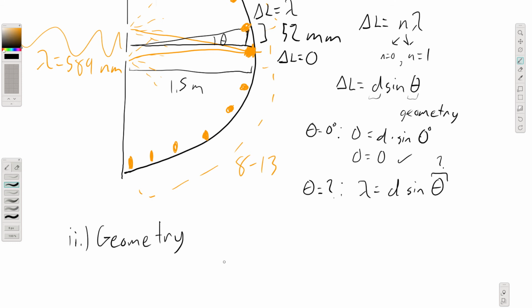It's going to make our result slightly imprecise, but that's an approximation that's allowed here. The geometry says that our bottom part is about equal to 1.5 meters, and our other leg is equal to 52 millimeters, which I am going to convert into meters.